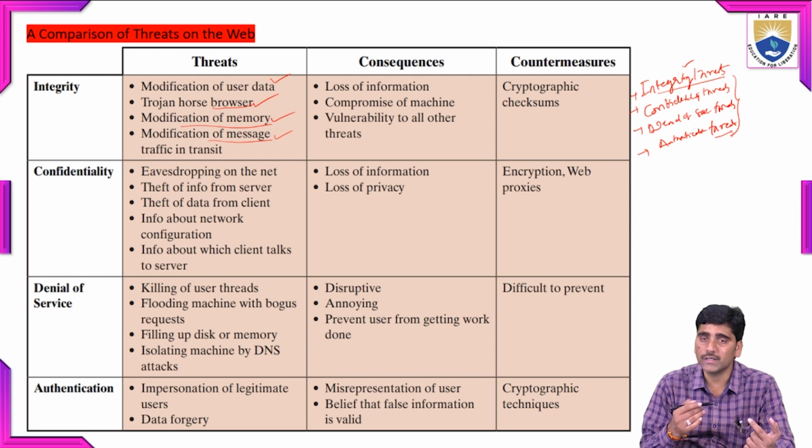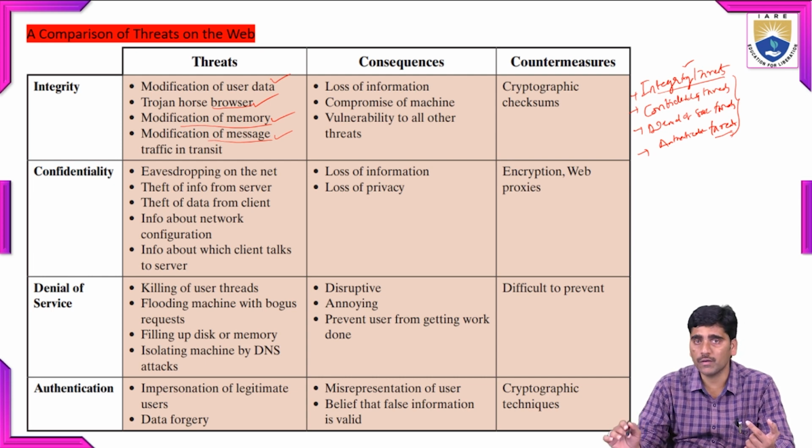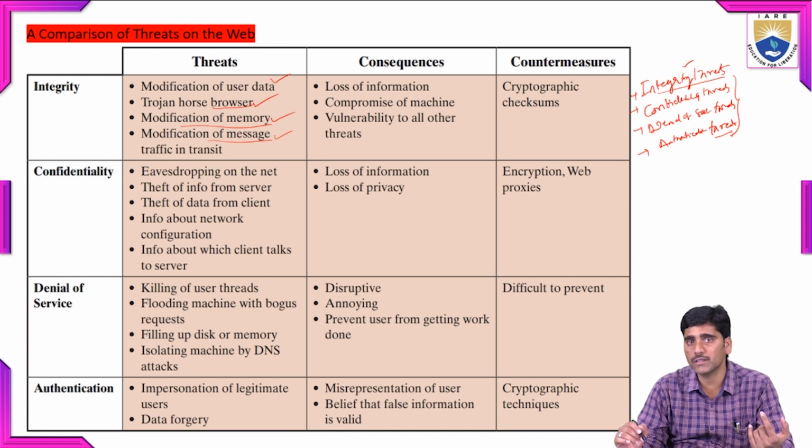So if integrity threats occur on the web, these are the threats that will occur: modification of user data; in a Trojan horse browser, the browser is taken over by another virus tool; modification of memory; and modification of message traffic in transit.